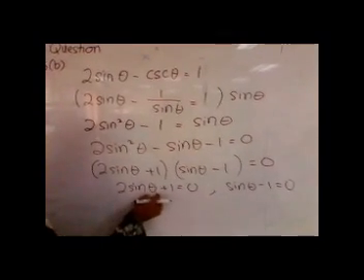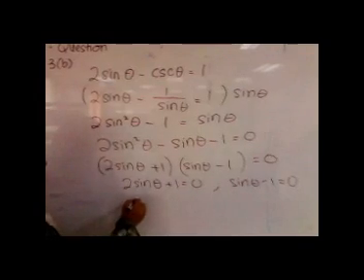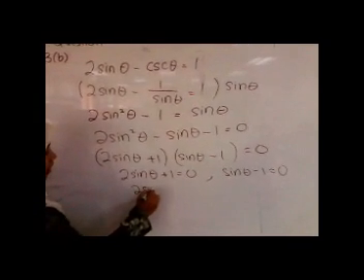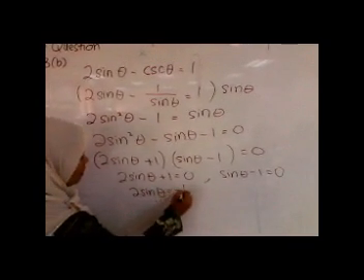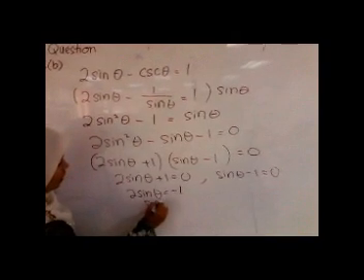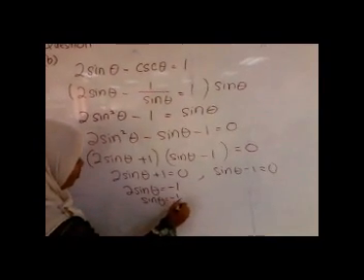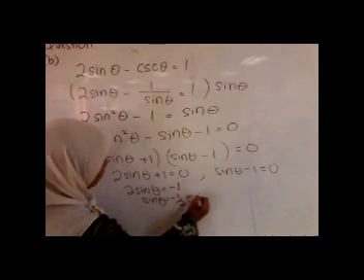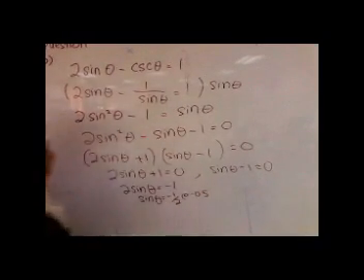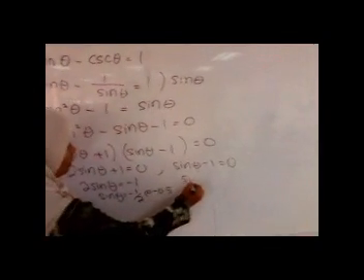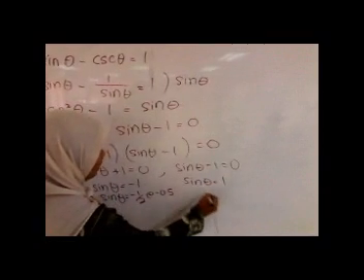Okay, and then kita cari the value of theta. So 2 sin theta sama dengan negatif 1. So sin theta sama dengan negatif 1 per 2 atau negatif 0.5. And then the other one is sin theta equals to 1.